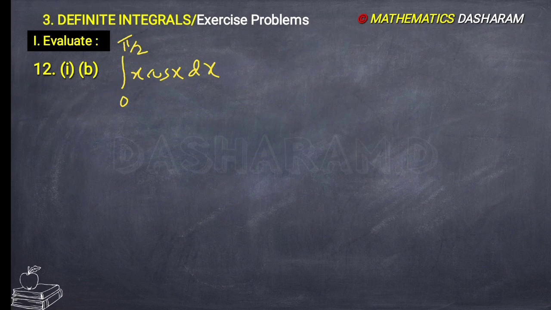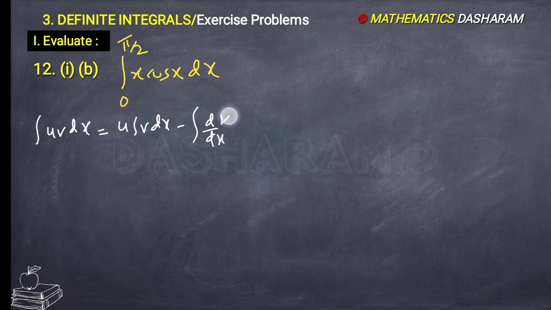Next to B question, integral 0 to pi by 2 x cos x dx. So use the u into v dx formula, that is u into integral v dx minus integral d by dx of u, integral v dx, whole dx.